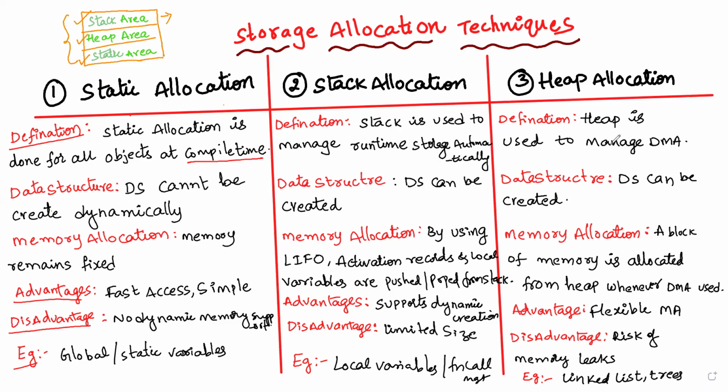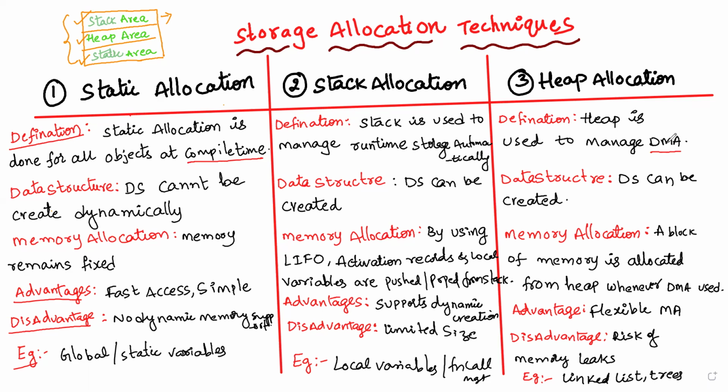Heap is used to manage the DMA. So DMA means dynamic memory allocation. Okay, so what is the short form of stack heap? Static will use compile time, stack will use runtime. Heap is used to manage the dynamic memory allocation.